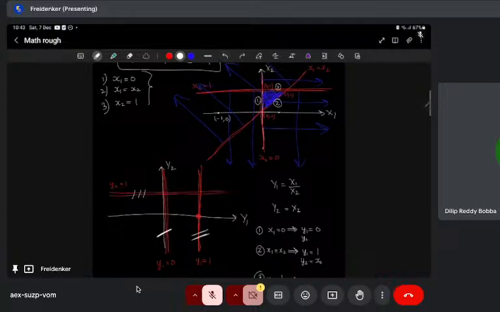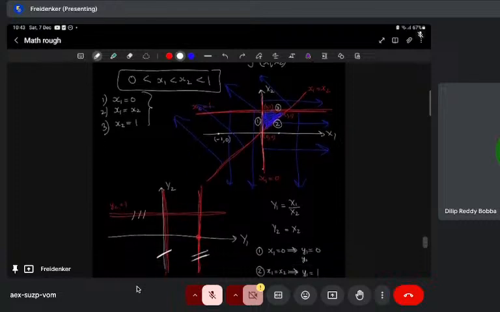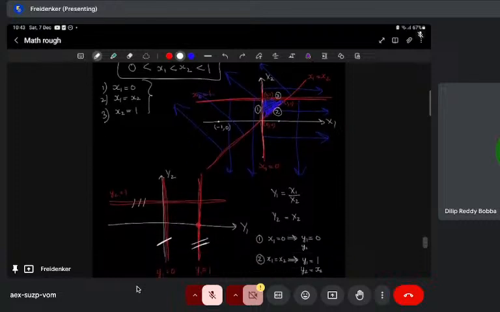Now we have to find where is our region. It is usually enclosed by the boundary lines, but here we have only three lines. We don't have an enclosure. But let's just see.